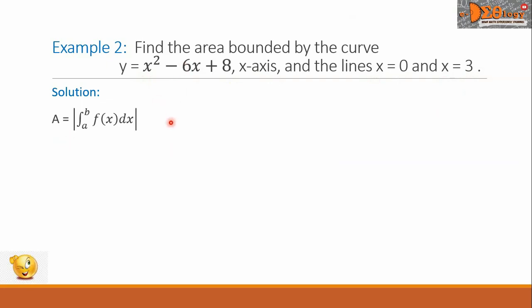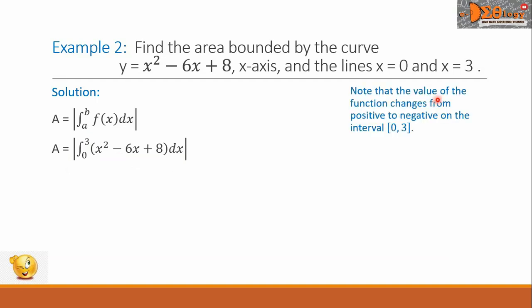Substituting the corresponding values, we will get this A equals the absolute value of the definite integral from 0 to 3. Our function x squared minus 6x plus 8, then dx.